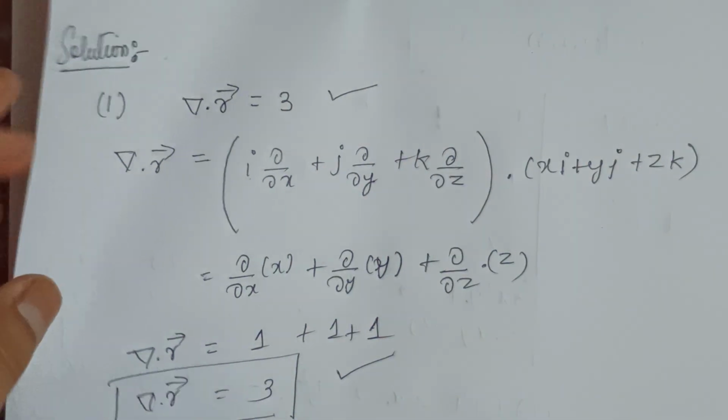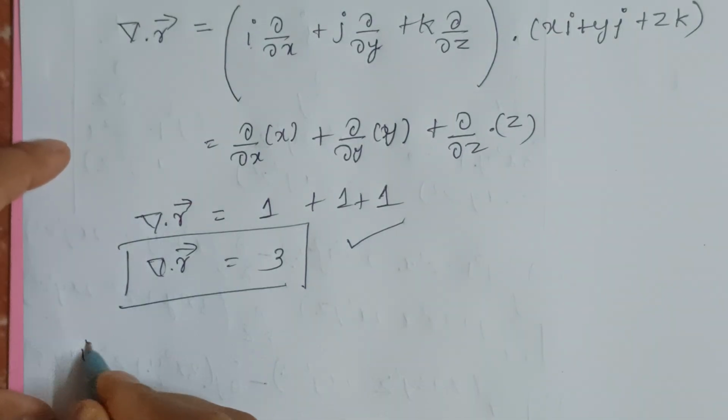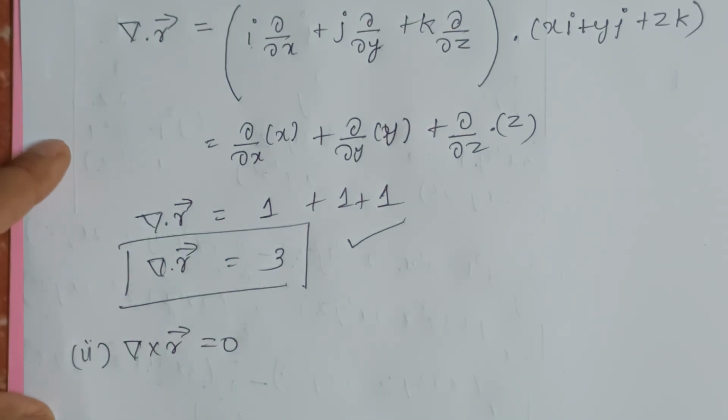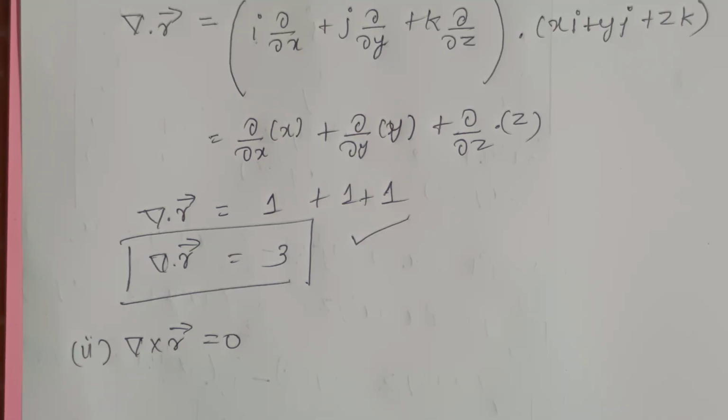The second proof: we have to show del cross vector r is equal to 0. So this is what we have to prove now. Let's do it.